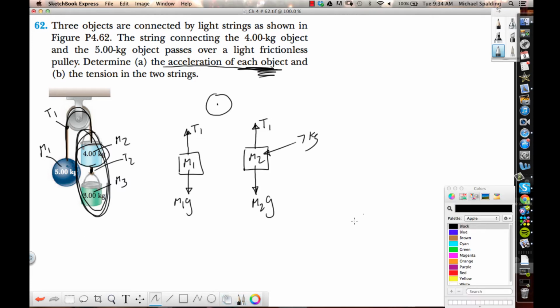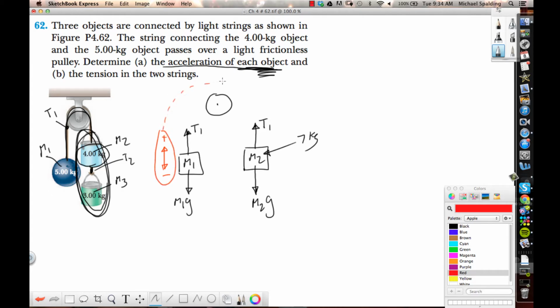All right, let's talk about sign convention. What's the sign convention for pulleys? Well, you want the direction of the acceleration to be positive. So which way is the 5 kilogram guy on the left going to accelerate? Up. So let's say that up is plus, down is minus. That's our sign convention. Now, what happens to that sign convention?